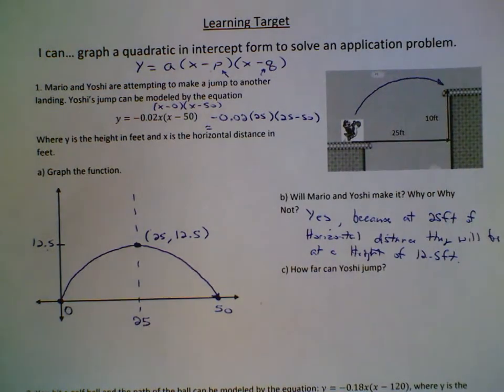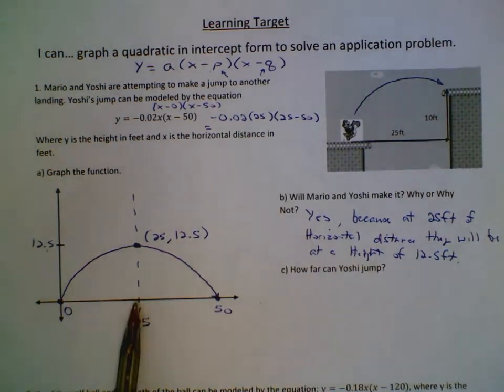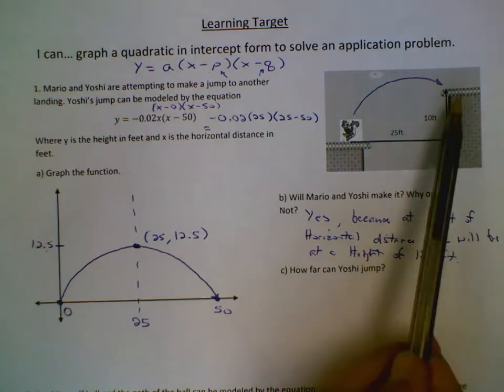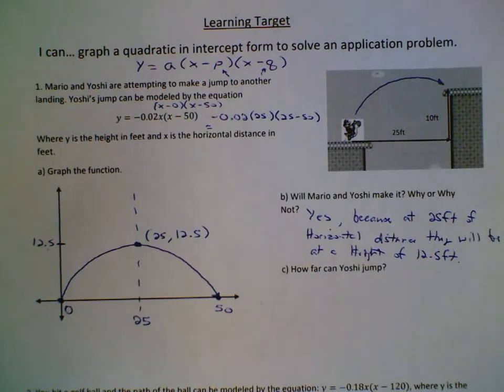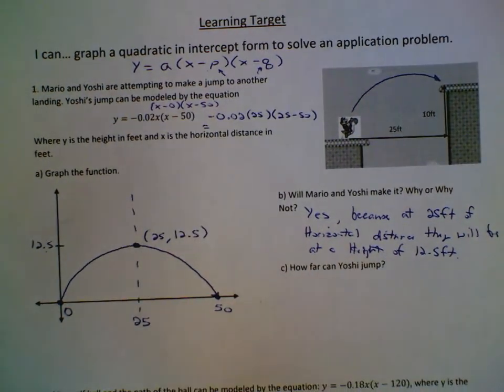Okay, so yes, because at 25 feet, they're at a height of 12.5 feet, which clears 10 feet. Okay, if you wanted to shorten this up, you could say at 25 feet across, they're at 12.5 feet high, which is bigger than 10 feet. So that would get the same point across as well.